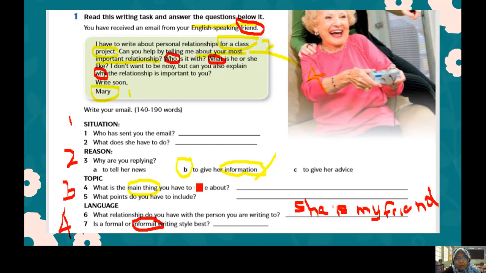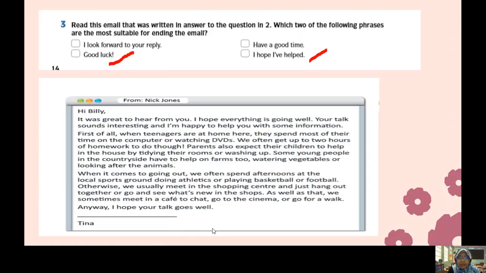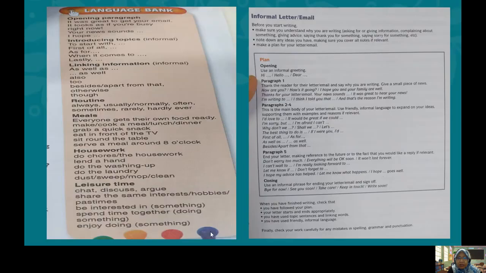Why is that relationship so important? So you have to include everything to answer question number 1 only. You can use all the phrases from the language bank, or you may refer to page 180 for the layout.